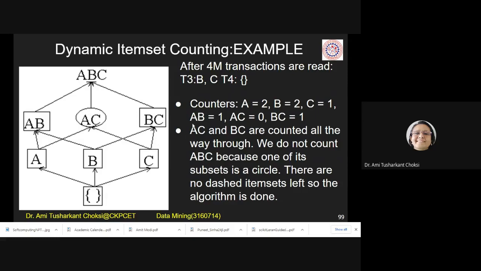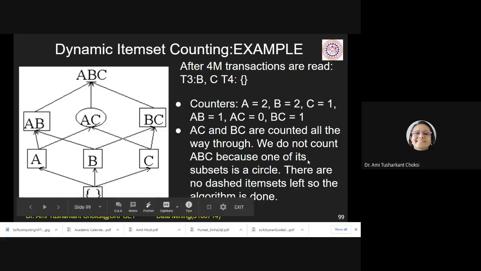So what do we say? AB, BC and AC are counted all the way through because all the transactions are read in the second pass. So we consider them confirmed, and that is for the two item set.